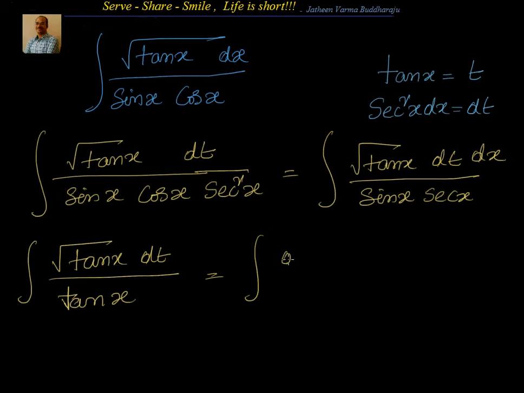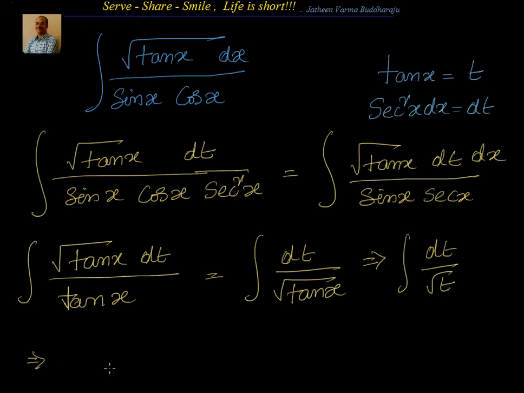So now I can write it as integral of dt by root of tan x, that is equal to integral of dt by root t. Now we got it in the form of dt by root t. Now we'll apply the integral of that.